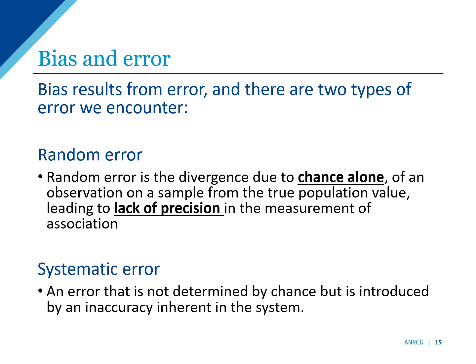Random error, which is the divergence due to chance alone of an observation on our sample from the true population value, which leads to a lack of precision in the measurement of our association. Systematic error is an error that's not determined by chance, but is introduced by some inaccuracy inherent in the system. And we have more control over systematic error than we do random error.